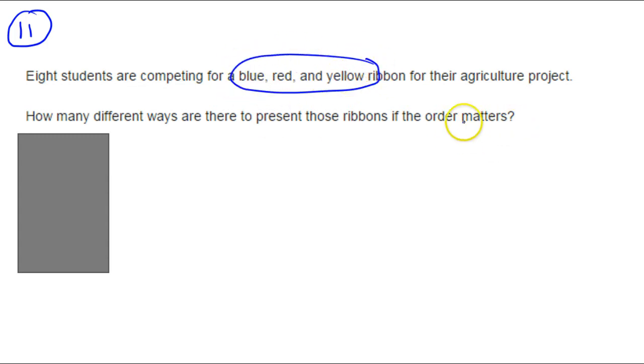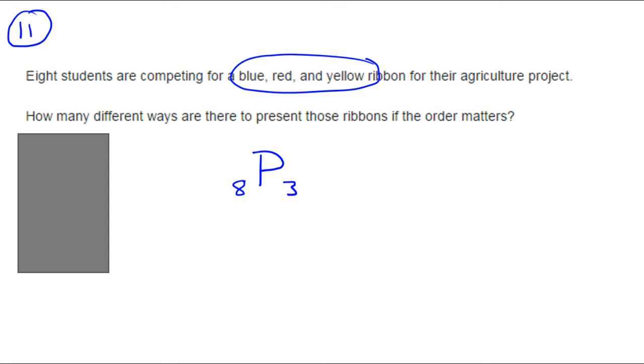And the order matters. So when the order matters, we are talking about permutations, not combinations. So there are 8 students, and of them we are picking 3. So this is what you're going to use. All right, 8 pick 3 permutations. That's why I said pick instead of choose.